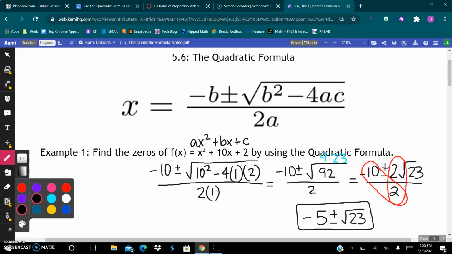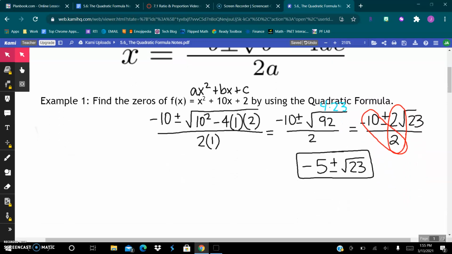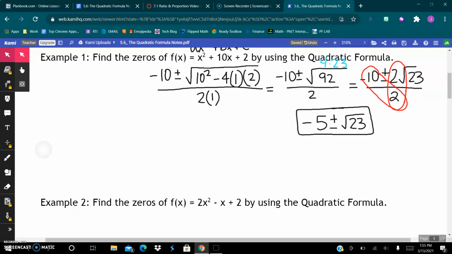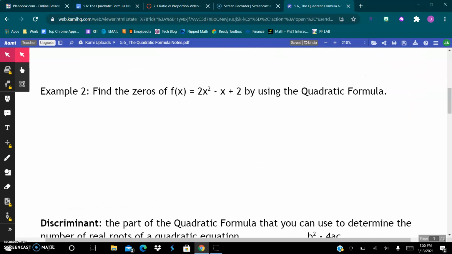Those are our 2 answers in simplest radical form. We could use our calculator and find that to the nearest tenth or hundredth, but we can also leave it like that because that's the exact answer. There's no rounding involved. So now we're going to do this one more time.